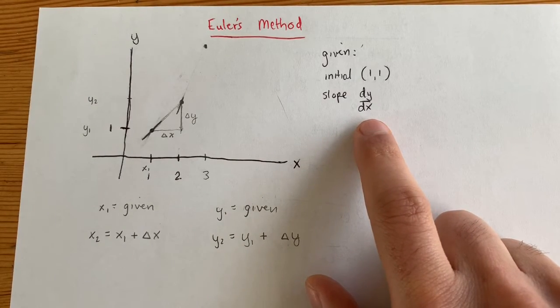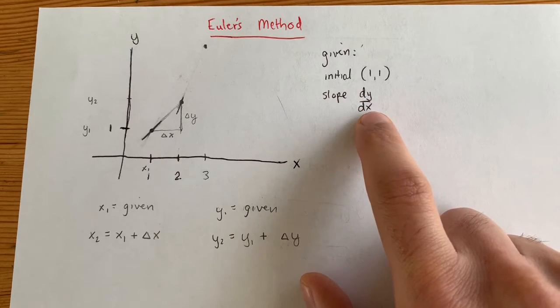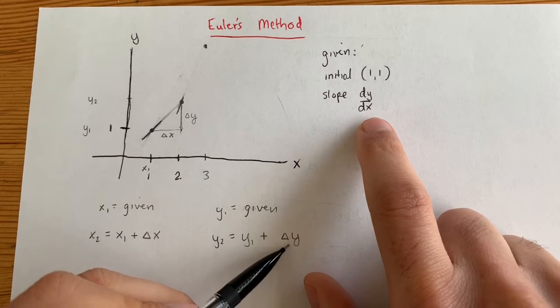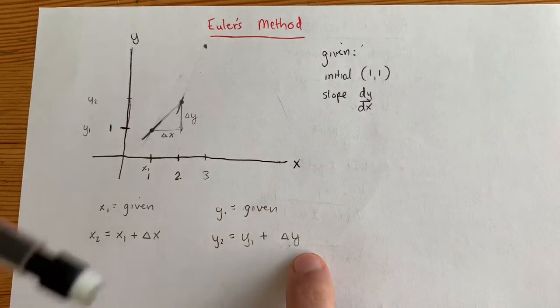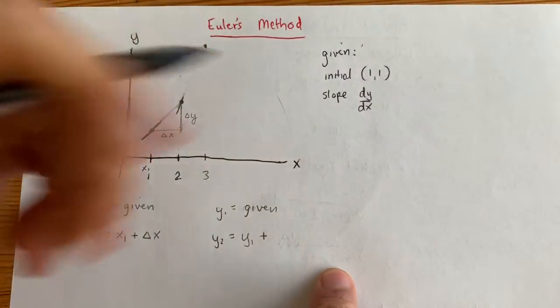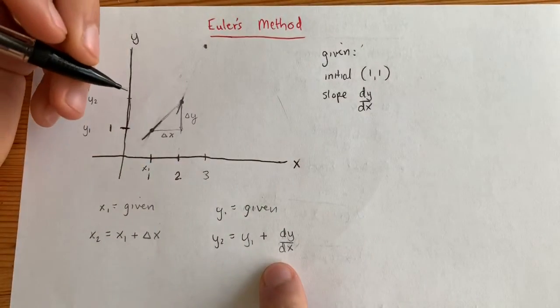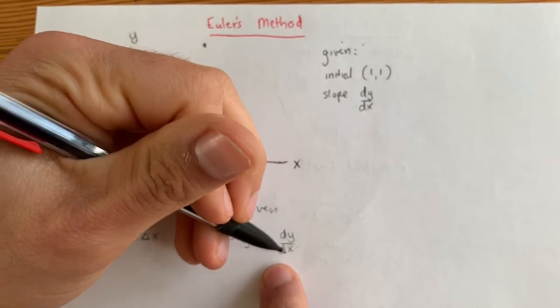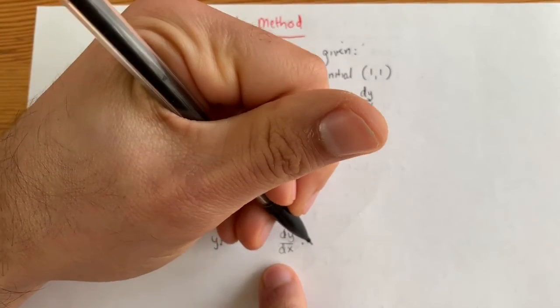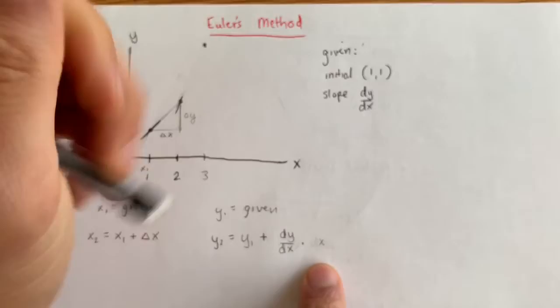I instead gave you the change of y over the change of x, the slope. So to simulate this change of y, I use what was given to me, which is plus the slope, but that's not dy, that's dy over dx. So I just need to multiply that by dx, or delta x.